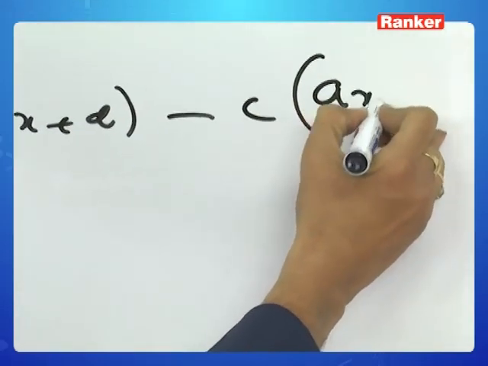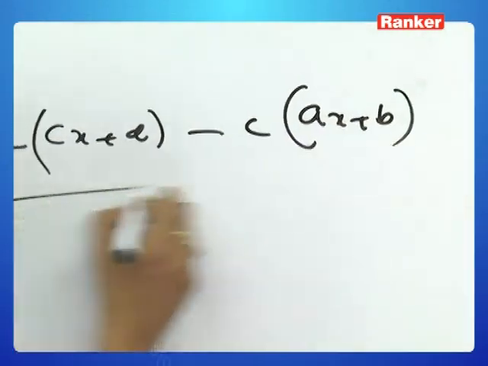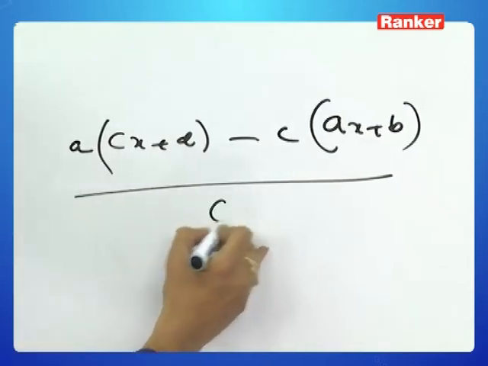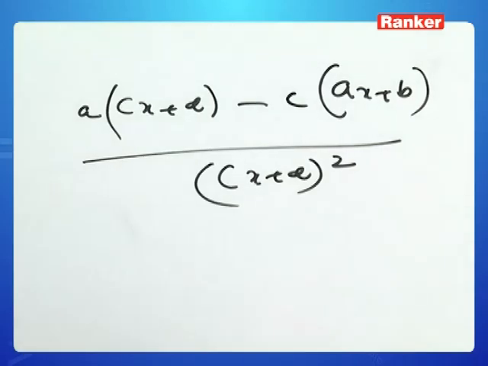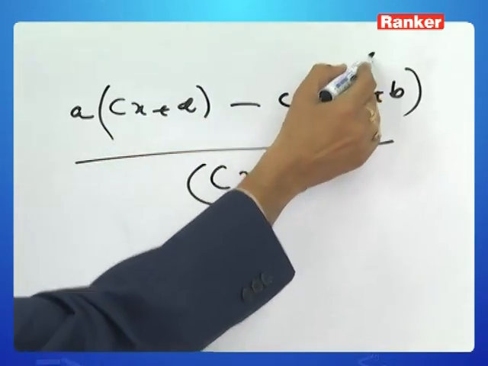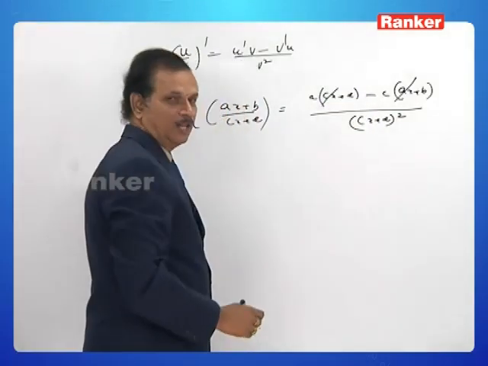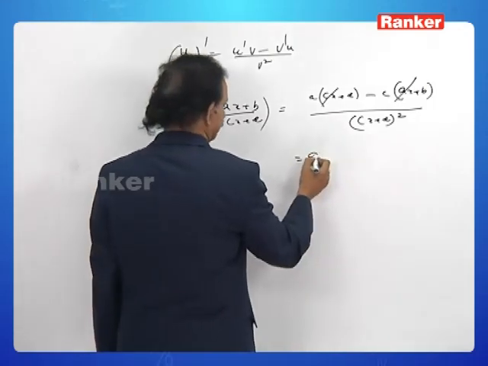u, v square. a into cx, a into cx, they can be cancelled, leaving you ad minus bc.